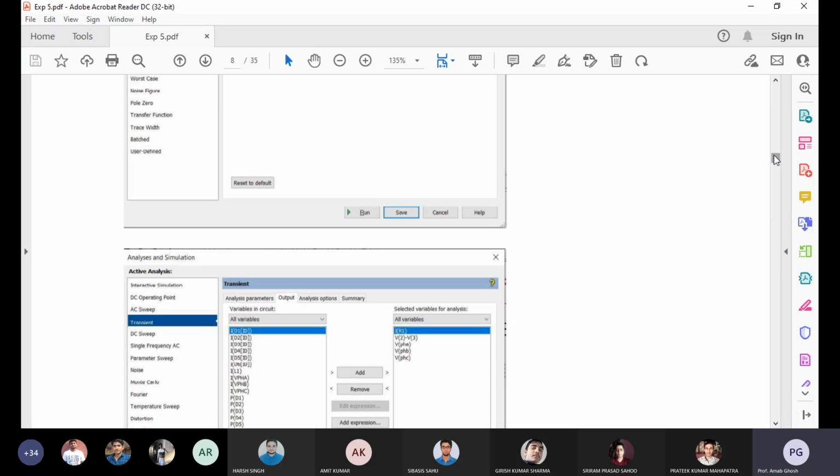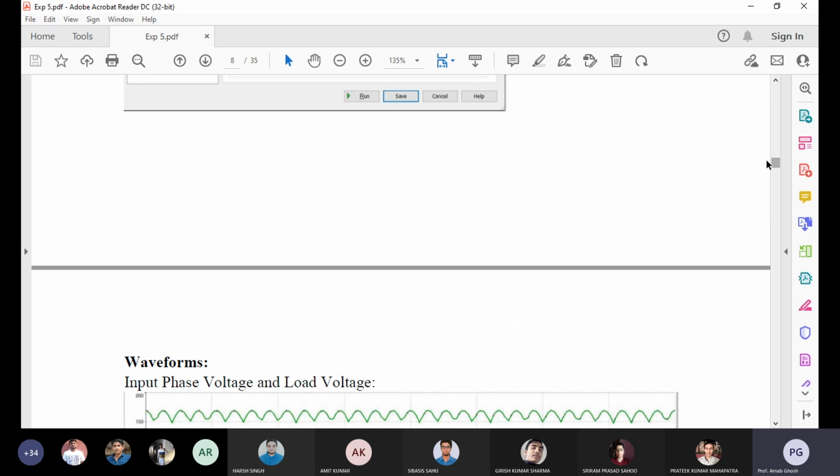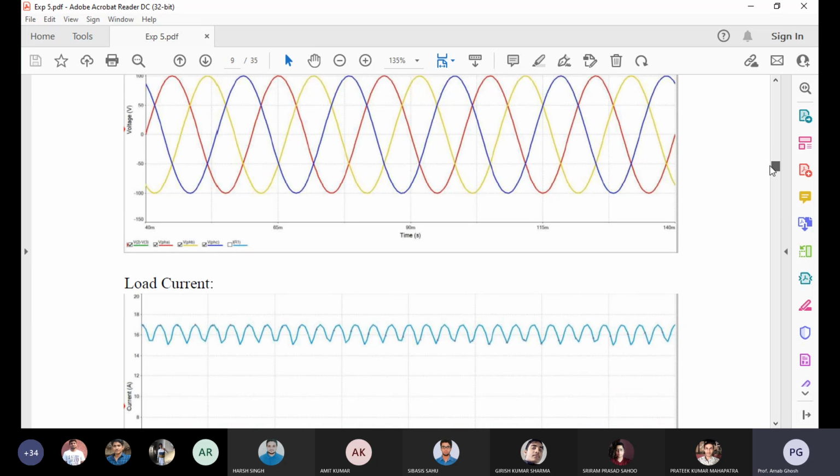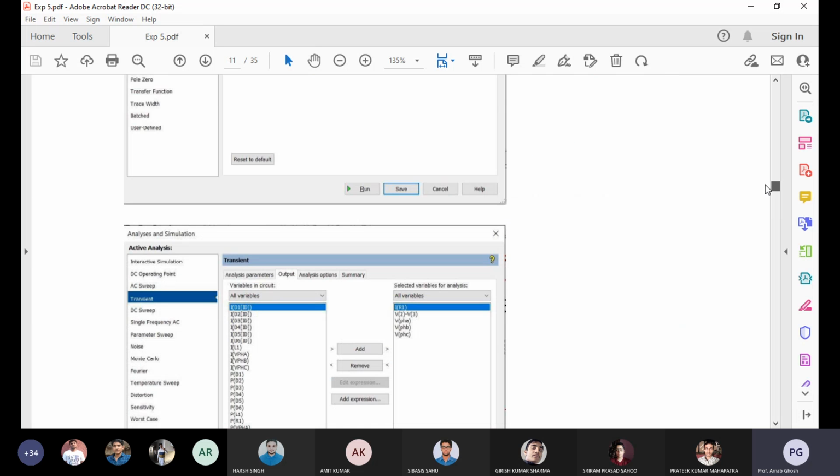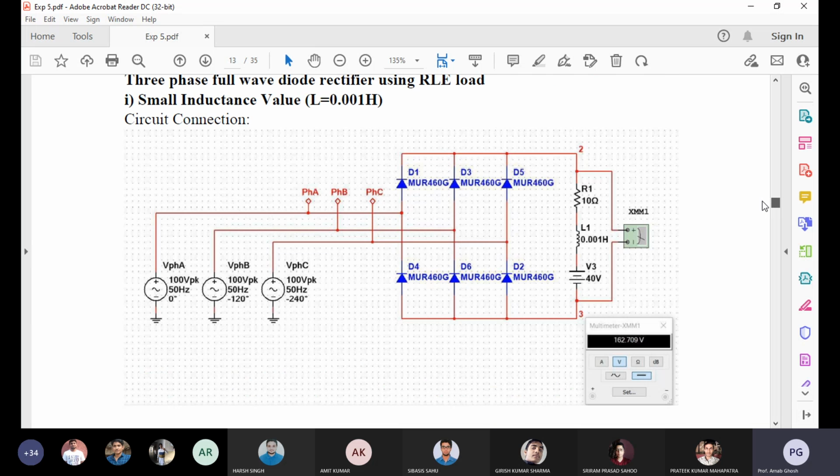You can do it for variations of your load parameters or maybe firing angle, and you can plot it from an Excel file. These are all very basic things, which you are already aware of, so nothing new.